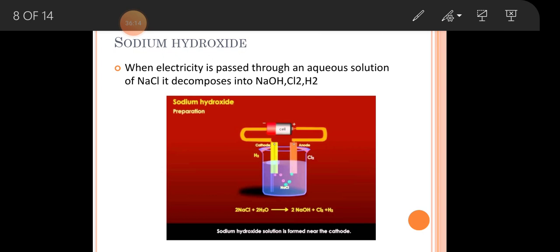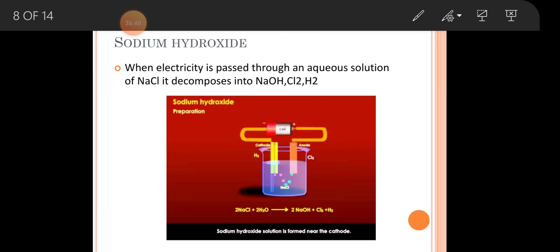And the chemical formula is NaOH. It's an important base. It is used for making all other chemicals. It is used in a very long range of industries. In a lot of industries, sodium hydroxide is used.